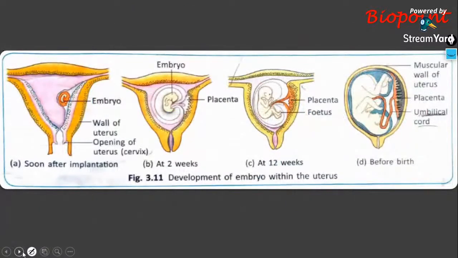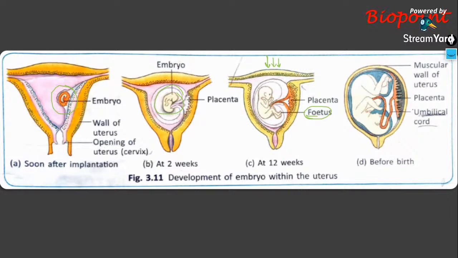Okay. So this is actually the diagram. This is the embryo. The embryo is converted like this. It will reach a look almost like a small baby, almost like a small human being itself, right? So that is why that stage you will call the fetus.